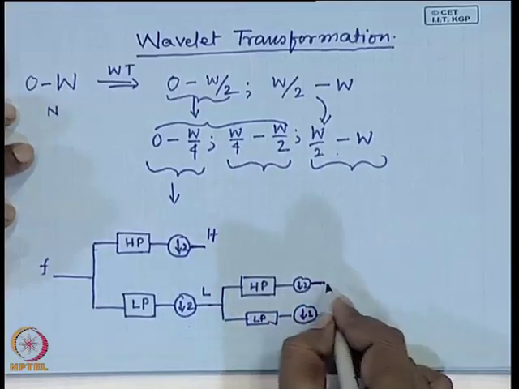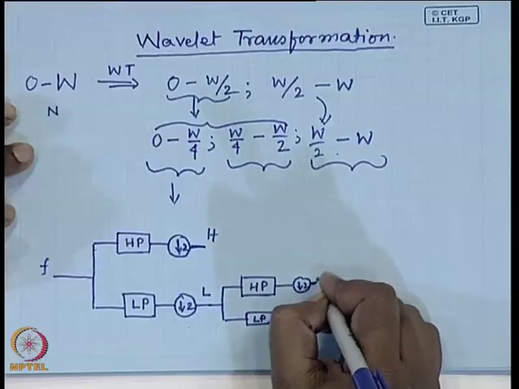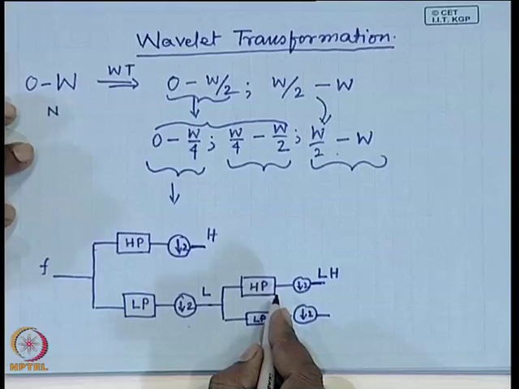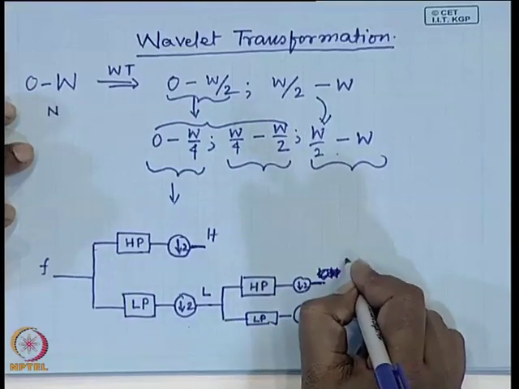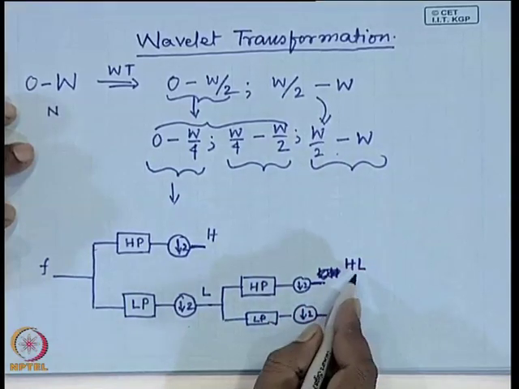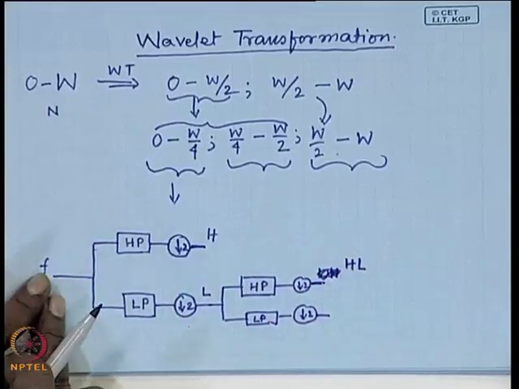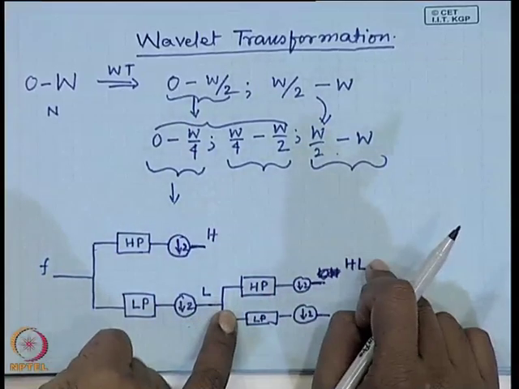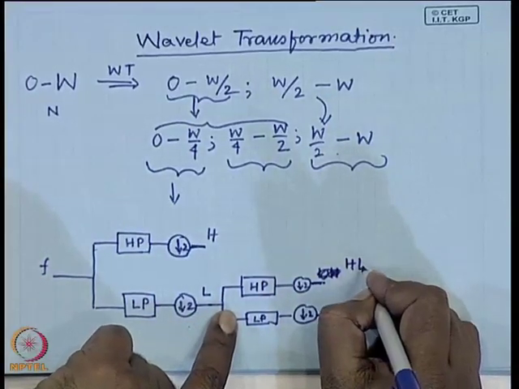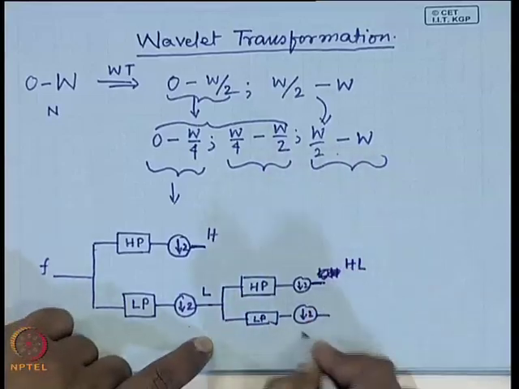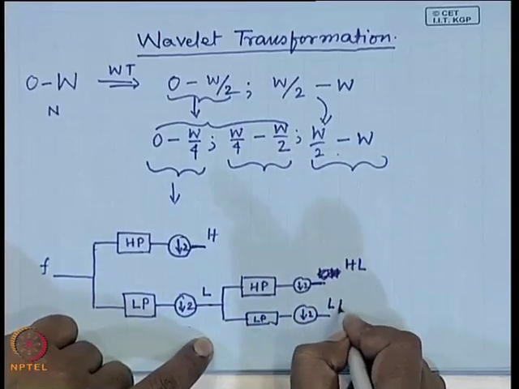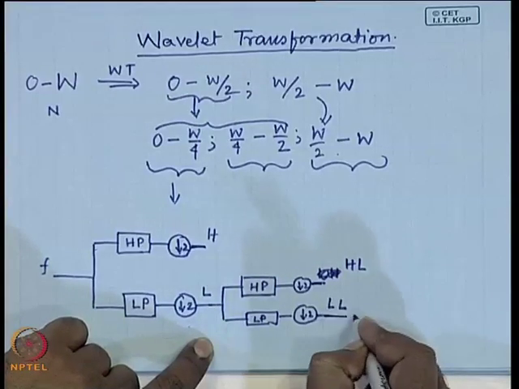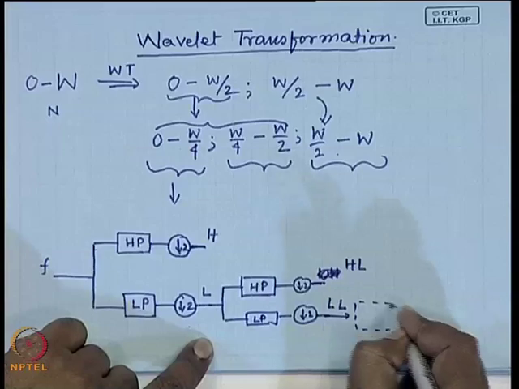This subband I call H L, because this subband has been obtained by first low pass filtering the original signal and then high pass filtering that subband. This subband I call L L, which is low pass filtered, low pass filtered. I can continue with this further to give me different levels of decomposition.